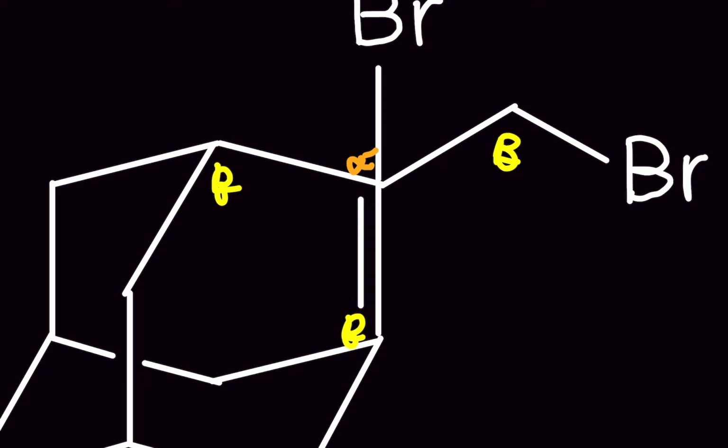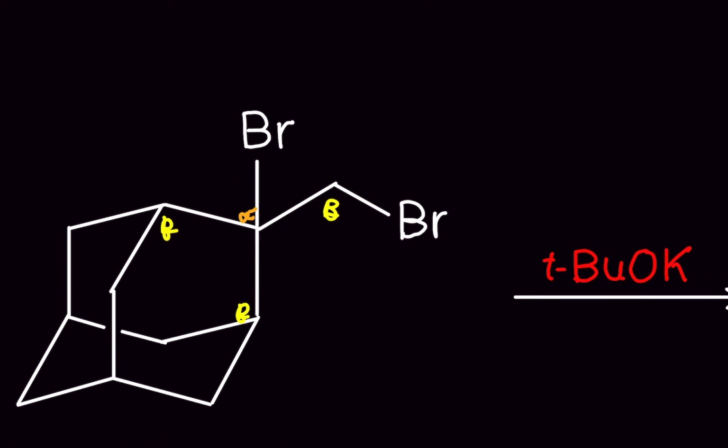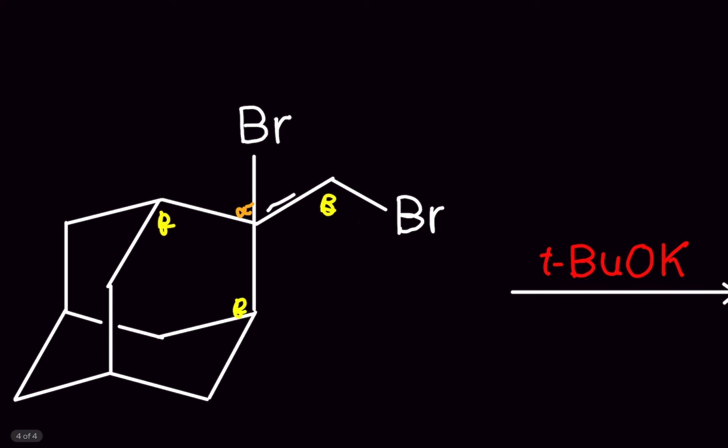So here, right? Alpha beta bond, you have a double bond between alpha and beta, but we can't do this because it's inside the ring. So the only option here, like that. That's the only option. So that is the answer.